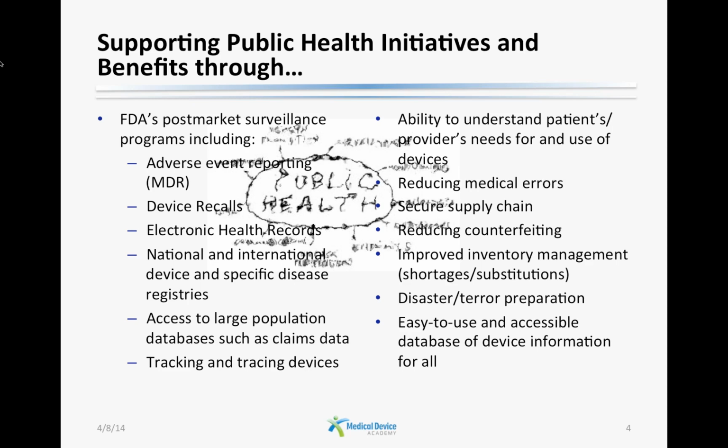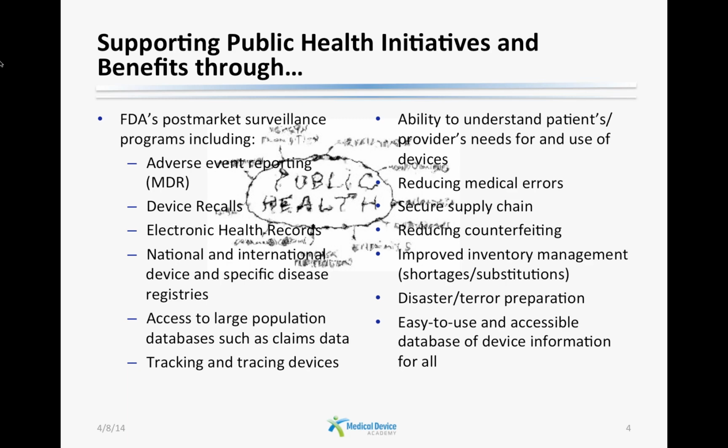Reducing medical errors by empowering healthcare professionals and others to more quickly and accurately identify a device and obtain essential information concerning the attributes of the device, and lead to the development of a medical device identification system that is recognized around the world.